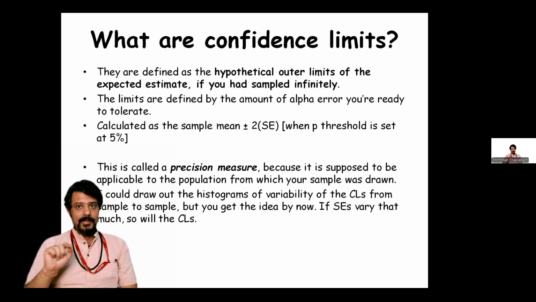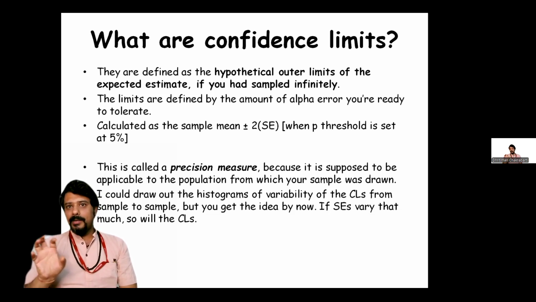Now that error in estimation is calculated by the standard error. You set your limits, saying that 2 times standard error here or there, I am okay with. That covers 95% of the variability in your estimate anyway. So your estimate plus 2 standard errors, and your estimate minus 2 standard errors, is going to be your confidence limits around your estimate.